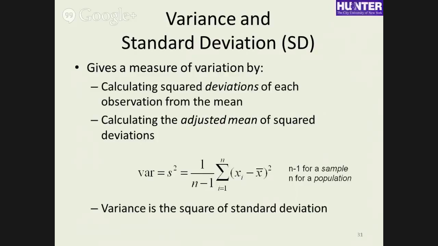Suppose your sample just has 2 observations in it. Where is the mean of those 2 observations? Let's say the observations are 6 and 10. What's the mean? 8. It's right in the middle of those 2.